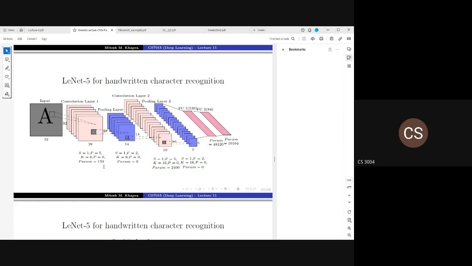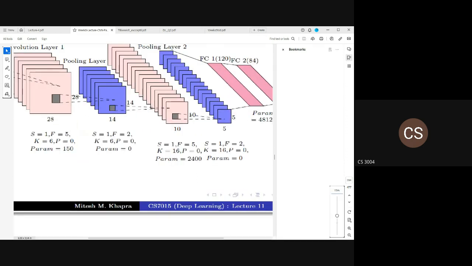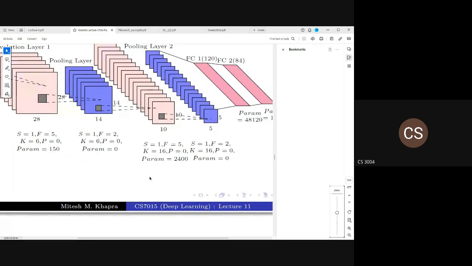Then here the filter size is 5, so the filter size is going to be 5 by 5 into the depth of the previous max pooling layer.